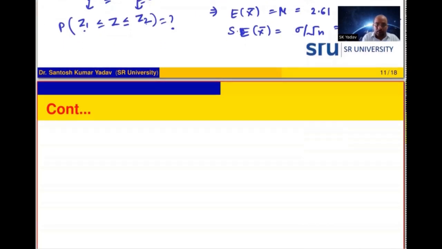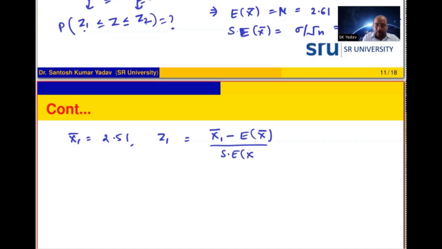When x bar equals 2.51, what is z1, which is x1 bar minus E of x bar, that is the mean of the sample mean, divided by the standard error of x bar.